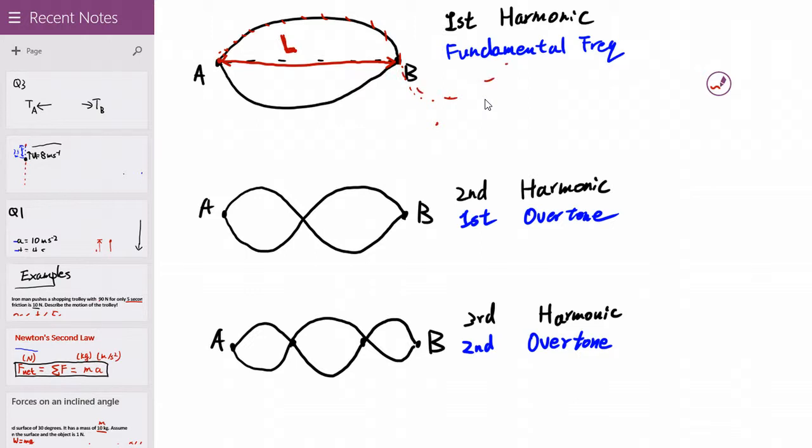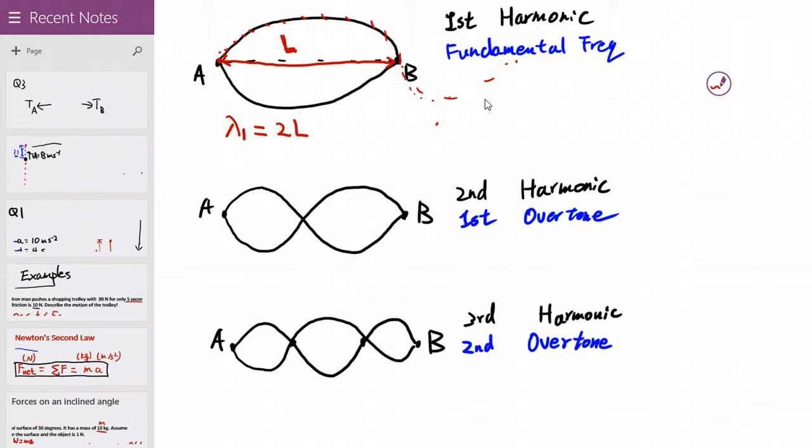So the wavelength of the standing wave, the wavelength of the first harmonic, is basically 2 times the length between A and B.